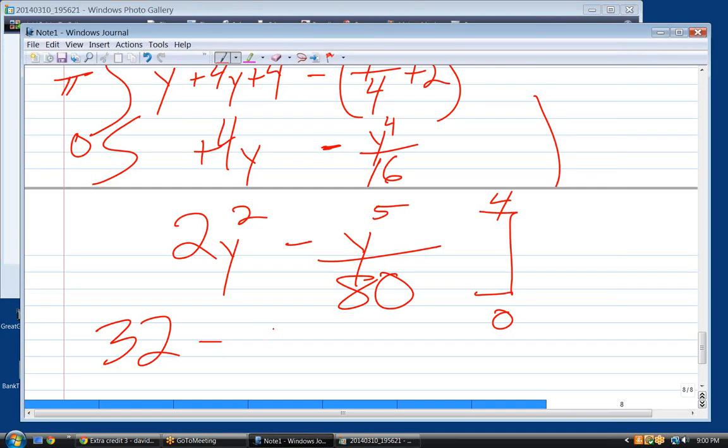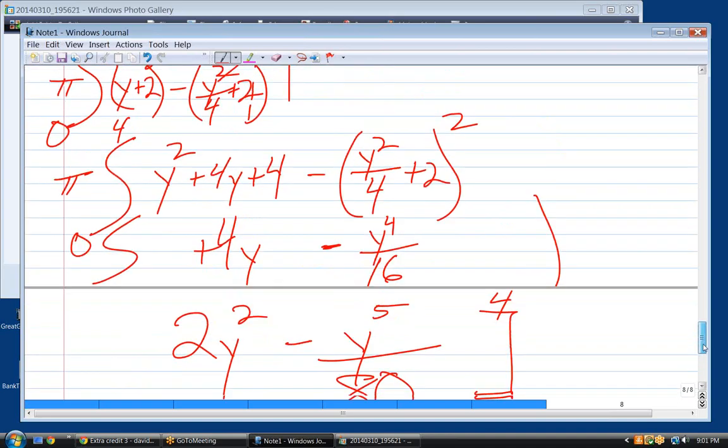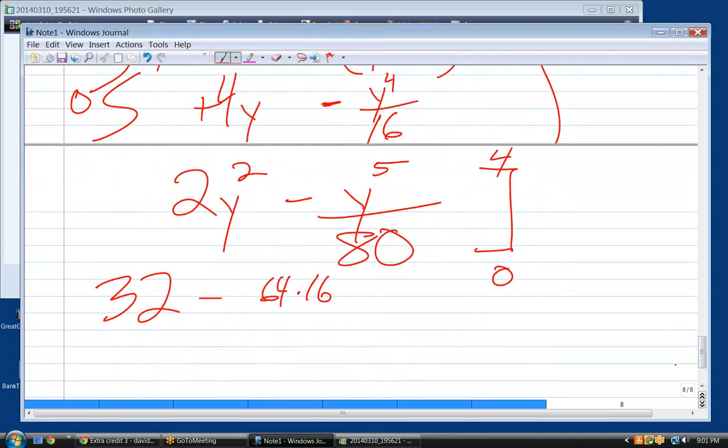Let's see, 4 cubed was 64 times 16. That's 4 to the 5th, over 80.